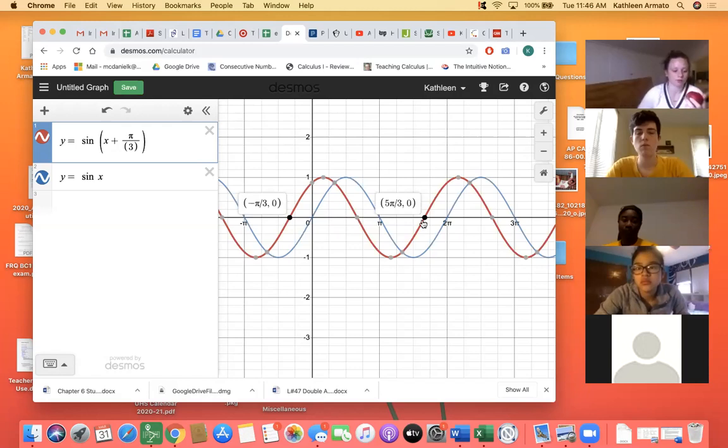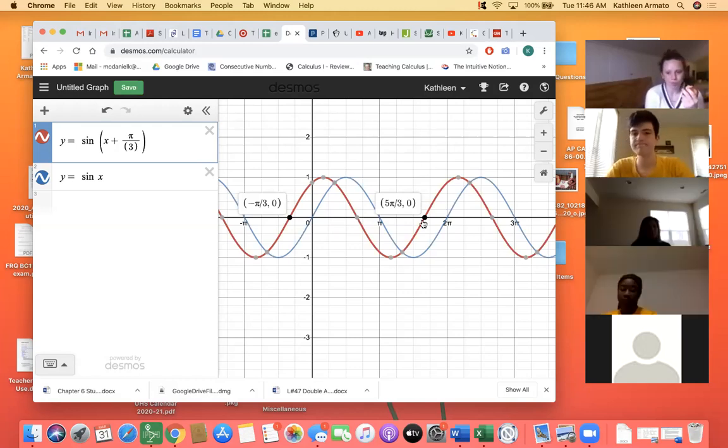So has the period changed? Anna, does the period change? No. The period hasn't changed. It's just where it's starting. Instead of starting at 0, it's moved over pi over 3 to the left. All right. Here's kind of a cool thing.